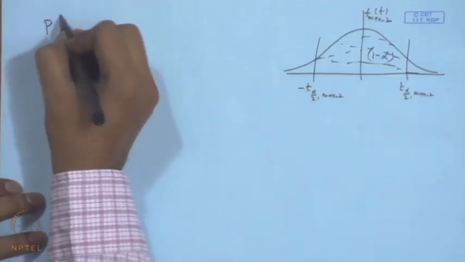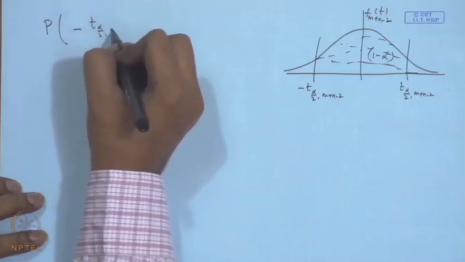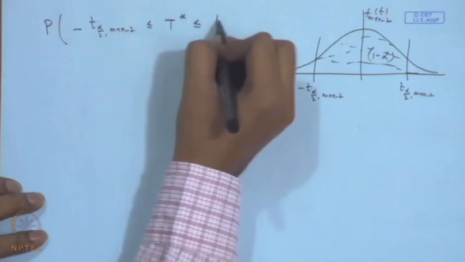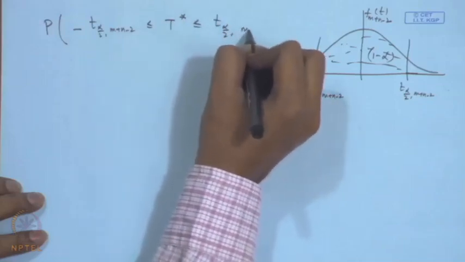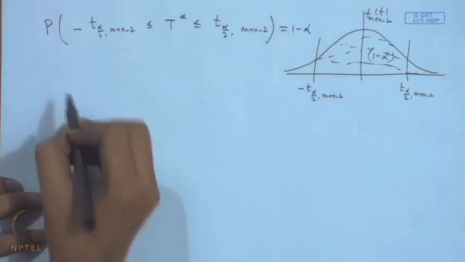So, we get probability of minus t alpha by 2, m plus n minus 2, less than or equal to t star less than or equal to t alpha by 2, m plus n minus 2, that is equal to 1 minus alpha.